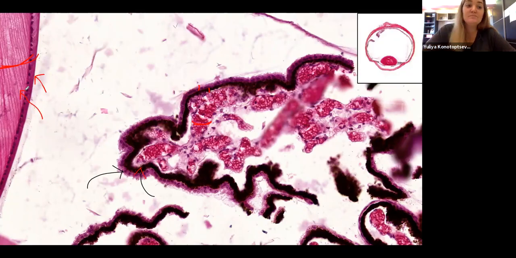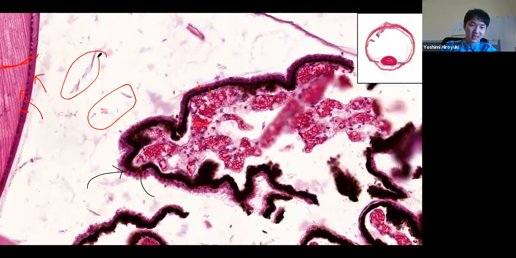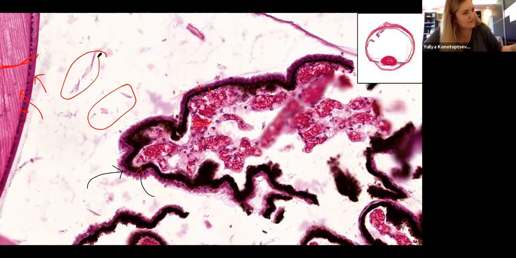What is this? This is lens. It's a little piece of lens visible here. This is the capsule of the lens. And what are these?